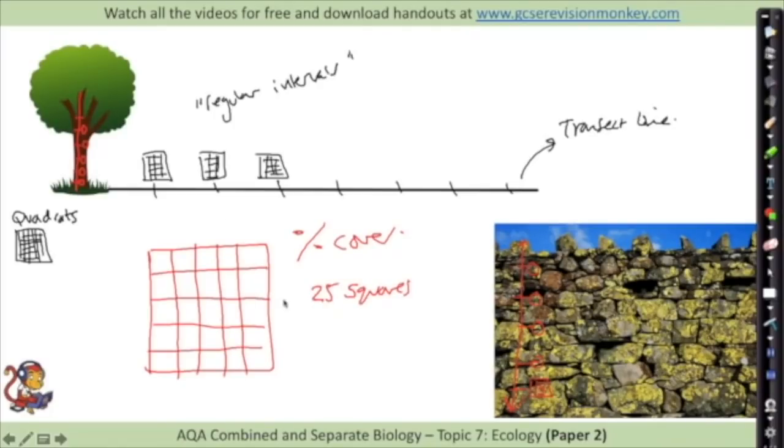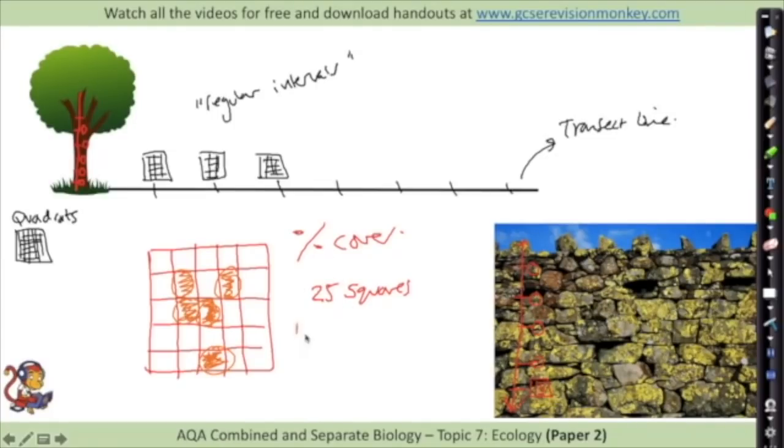Let's say, for example, that we put this on the wall and we had a particular coverage of lichen, like so. We would count the squares that are covered with lichen. In this case, there are 1, 2, 3, 4, 5 squares that are covered in lichen, and we would use that to calculate the percentage cover.